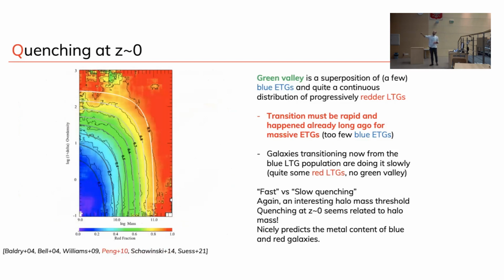While at lower masses, you get red only in dense environments. So this is where your clusters probably would be. So this again might be related to the fact that you have very massive halos up here and very low mass halos here. So here you can keep forming stars, you have gas accreting. Here you don't. It's cut out here by the presence of a massive halo.